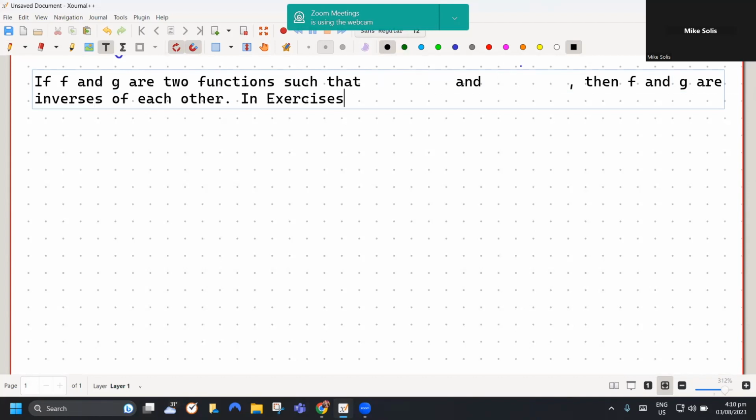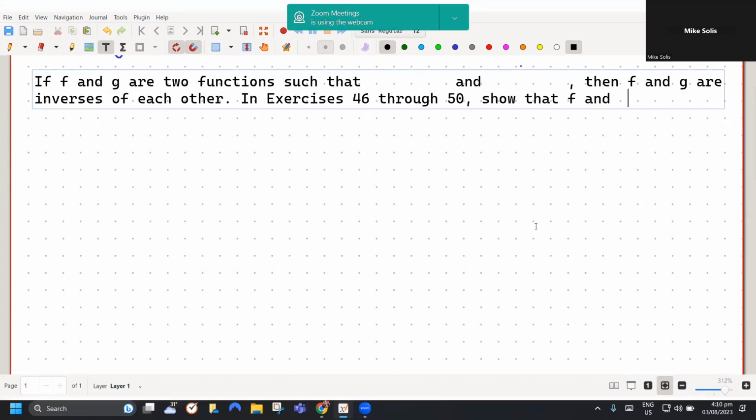So, in exercises 46 through 50, show that f and g are inverses of each other.